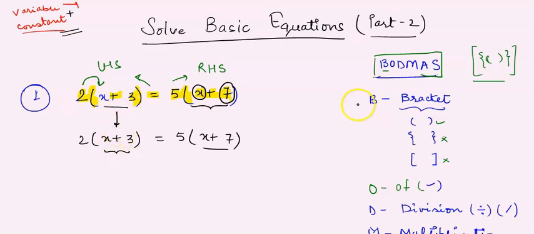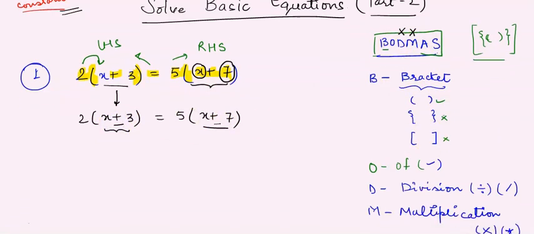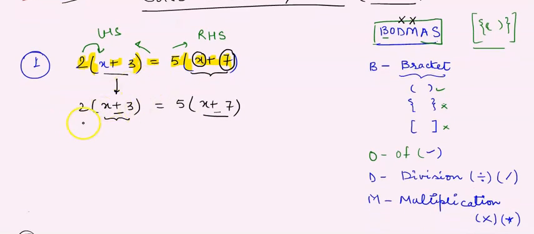Moving to the next, we cannot see 'of' here, and we cannot see division here. If there's a multiplication, we can do that. For addition, there's a plus sign on both sides, the left hand side and the right hand side. To solve this, we need to multiply by this 2.